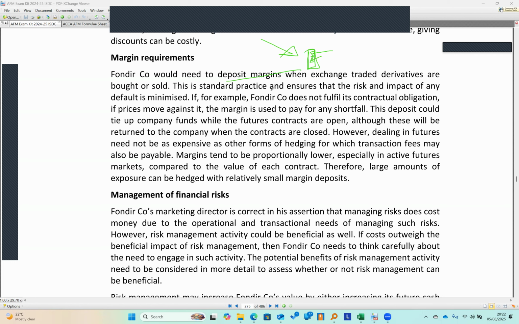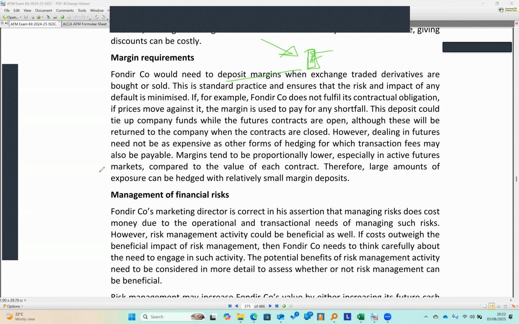Then the practice ensures that the risk and the impact of any default is minimized. So if we do not fulfill the contract obligation, and the price moves against us, the margin is used to pay for any shortfall. So it's like an insurance in a way. The deposit could tie up company funds while the futures contracts are open, although these will be returned to the company when the contracts are closed.